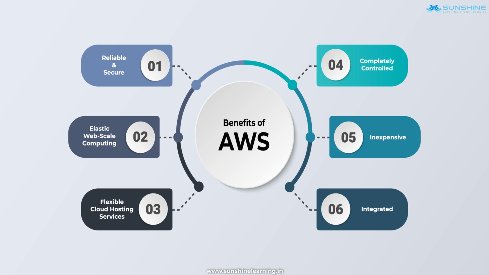Let's say if you want to host websites, you can do that on EC2. You have complete control of EC2 and its components. It is cost effective, and integration with other AWS services, even third-party services, is easier with the help of EC2.